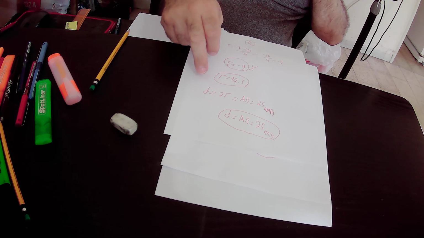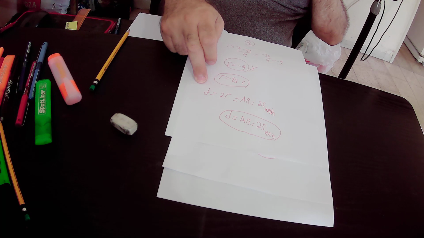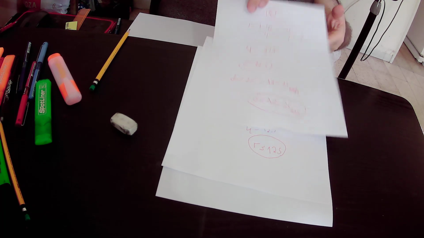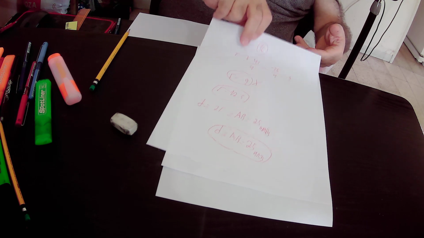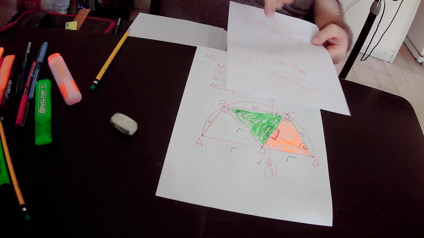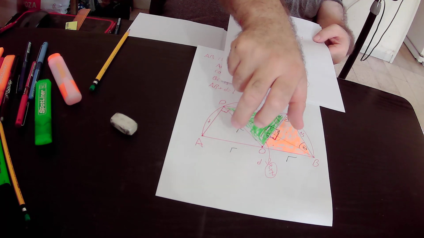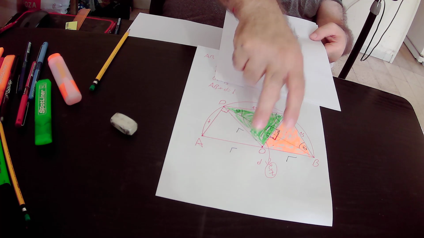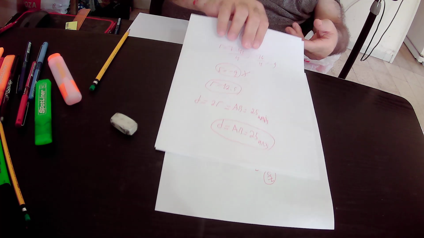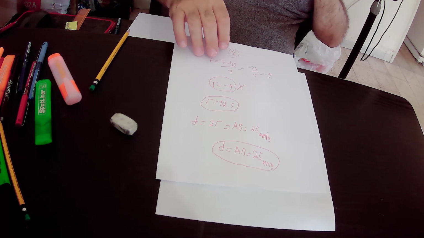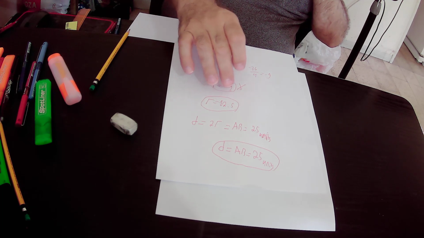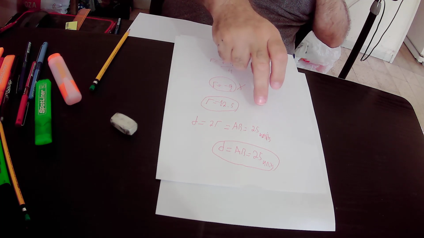And the diameter of the semicircle is 2 times the radius, which is also AB. AB is the diameter of this semicircle, and it equals 2 times the radius. So r equals 12.5, so 2 times r is 25 units.